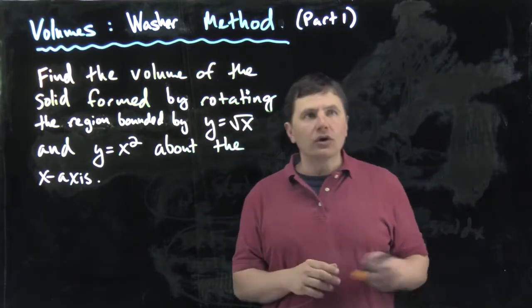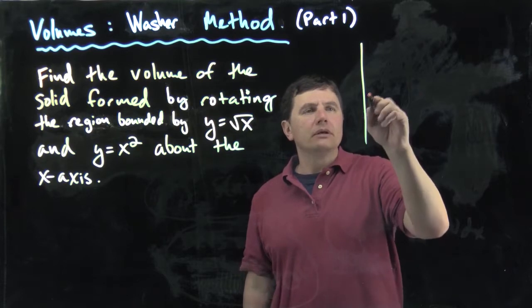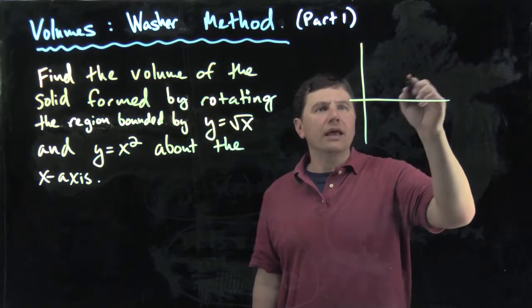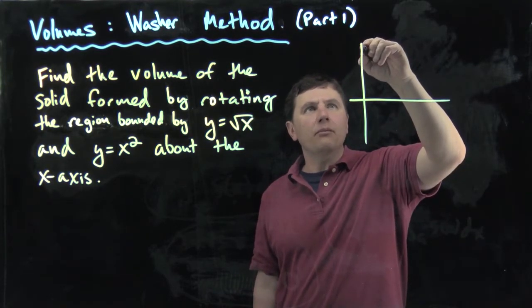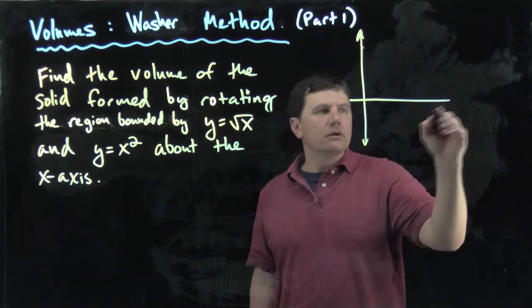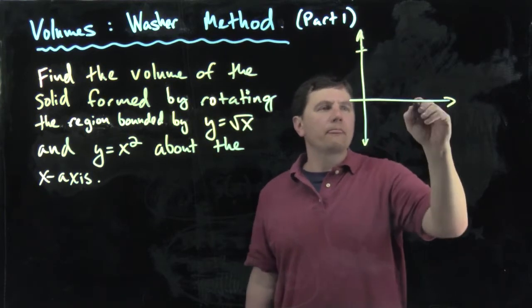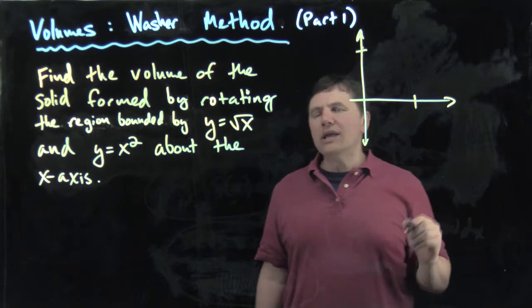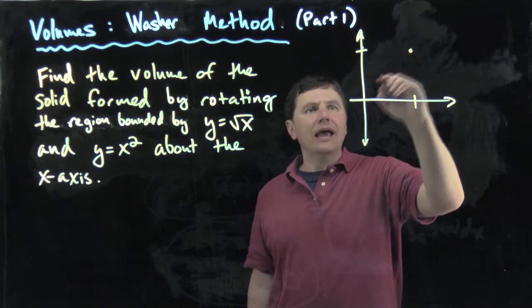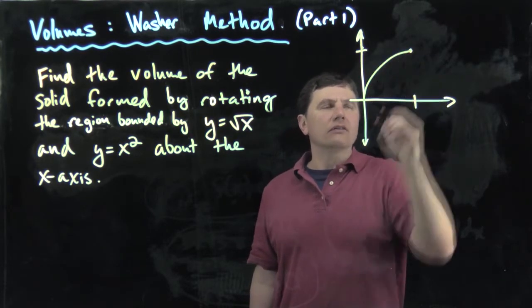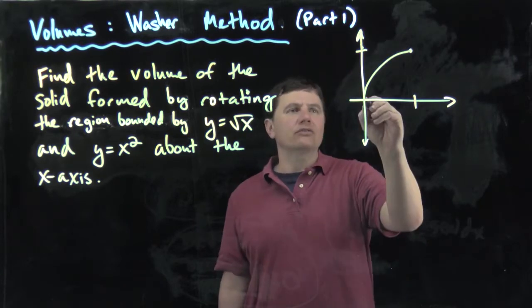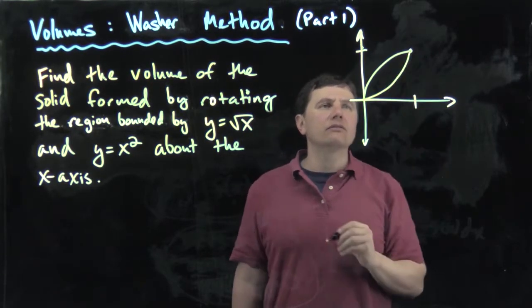So let's get a look at what that's going to look like. Once again, not necessarily the best at drawing these, so bear with me. Okay, so we have y equals the square root of x, so that looks like this, and then y equals x squared, which looks like this.